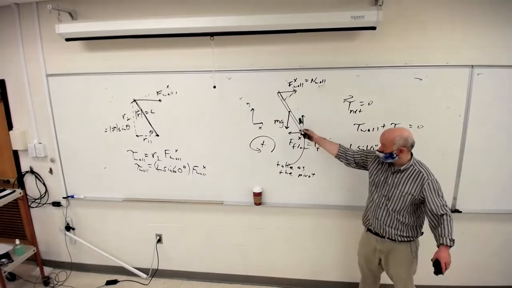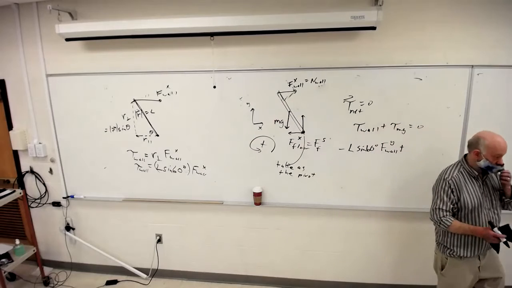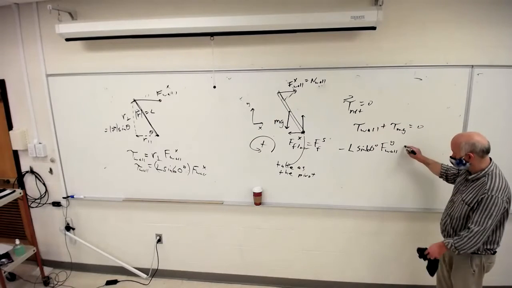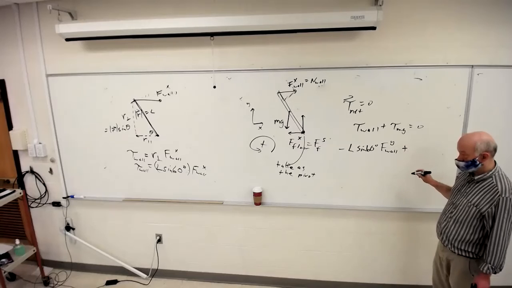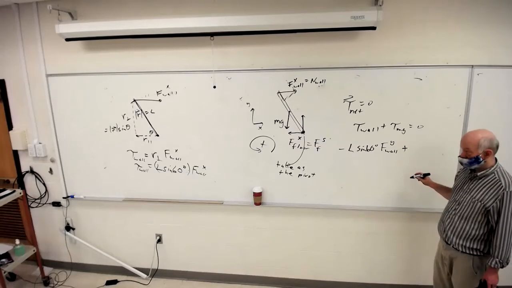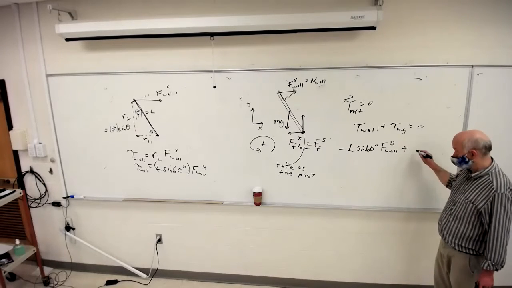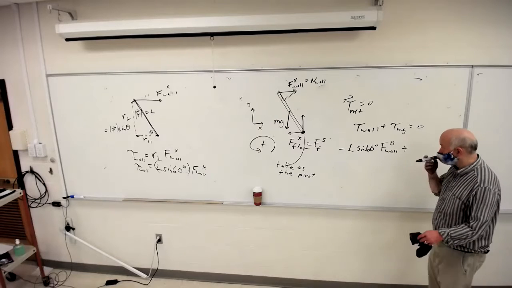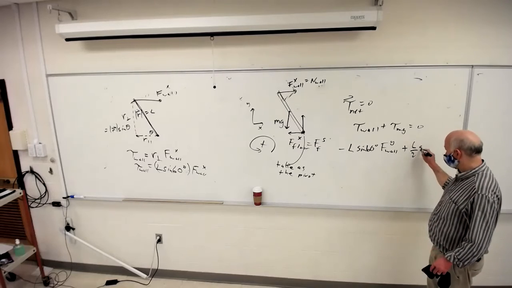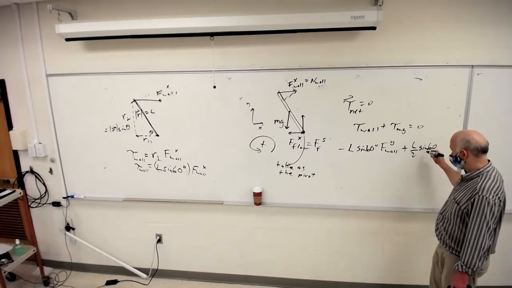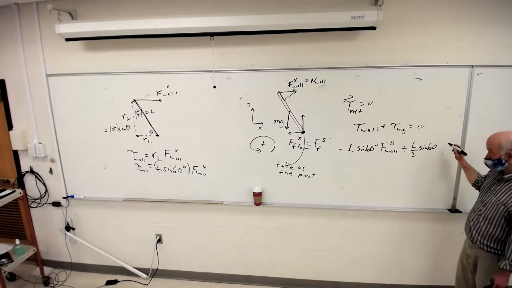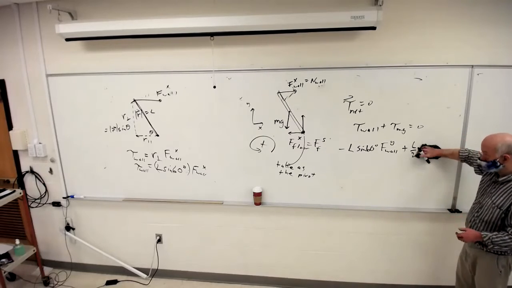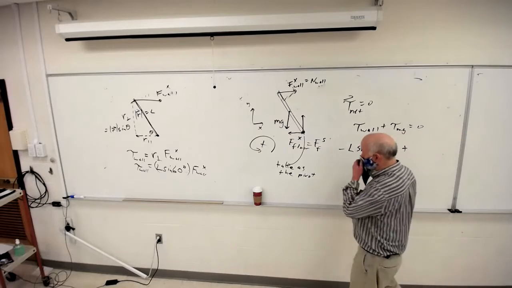Plus, now what's the torque due to my friend here? Positive. Positive and given by what? G. One more time. L over 2. So you need the L over 2 sine of theta. This is my R perpendicular. Then times your, actually no. What was your R perpendicular in that case?